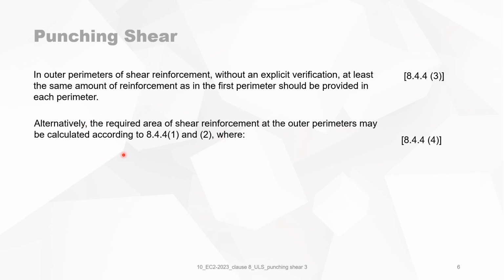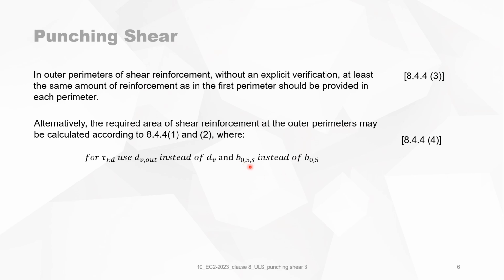You cannot just do it in the same way that you have calculated the needed reinforcement in the first perimeter. For the applied or design shear force, you must use dv,out instead of dv and b0.5,s instead of b0.5.